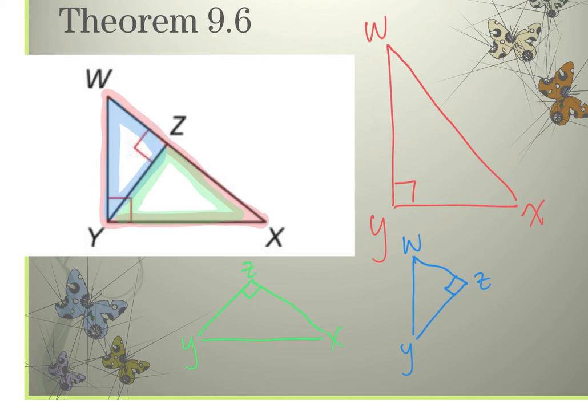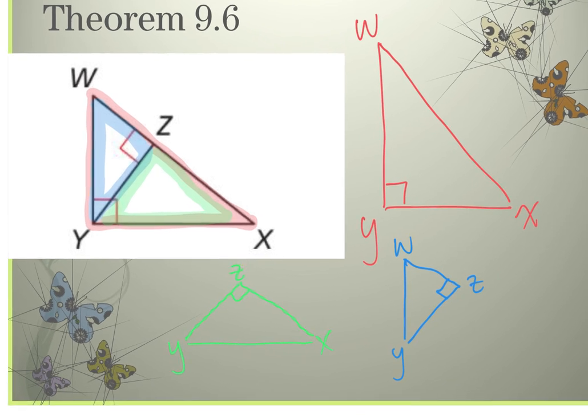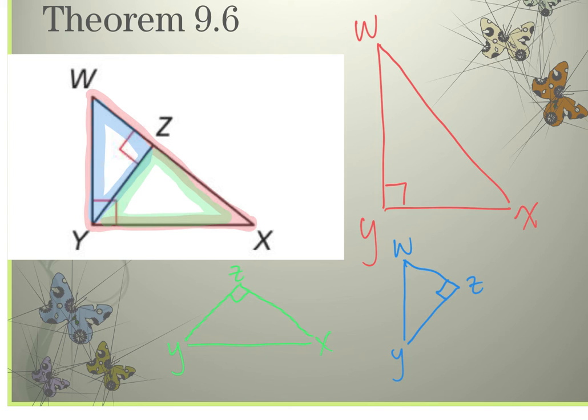Now each of these triangles is gonna have a long leg, a short leg, and a hypotenuse. So let's label them. In the red one, what would be the short leg of the red triangle? Emma? YX. Good. Put an SL here for short leg. All 3 of these triangles are going to be similar. So the XY is going to be our short leg.